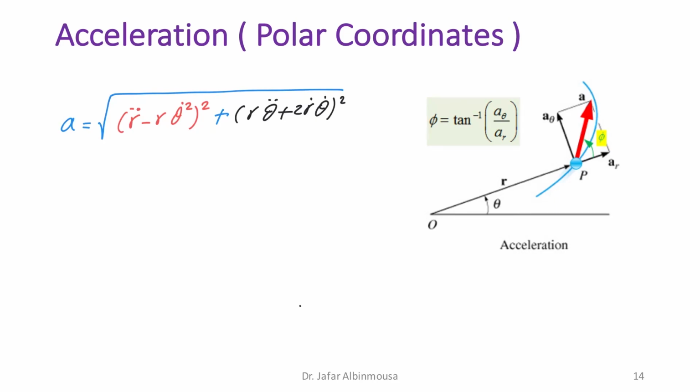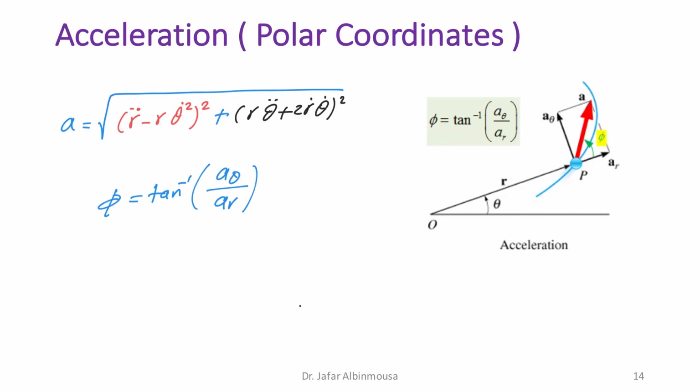What remains over here is the angle. If we want to find phi, which is the inverse tangent of a theta over ar, this angle is found by measuring the opposite, which is a theta, divided by the adjacent to the angle, which is ar.